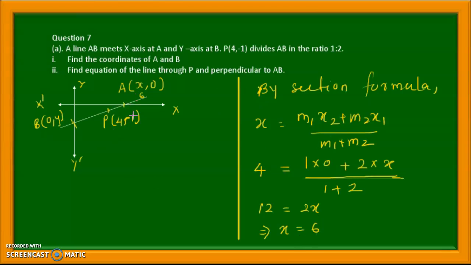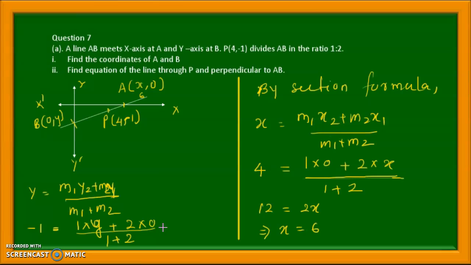Next, B's y coordinate we need to calculate, the same way. We know that y is equal to (m1 y2 plus m2 y1) by (m1 plus m2). Here, minus 1 is equal to 1 into y2, sorry, y2 is y here, plus m2, it's 2, into y1, it's 0, divided by again 1 plus 2.